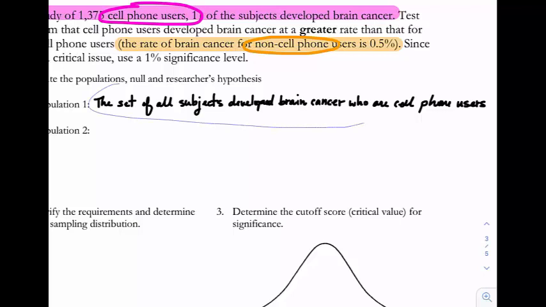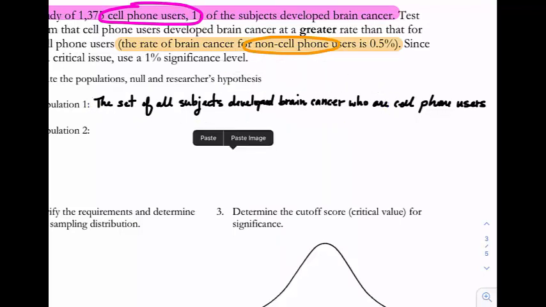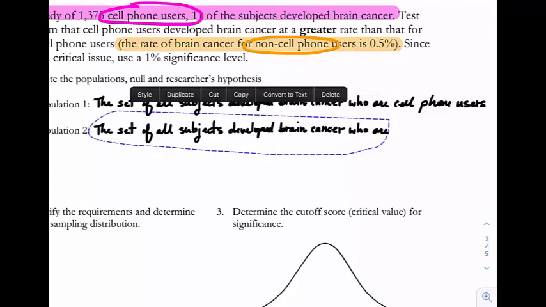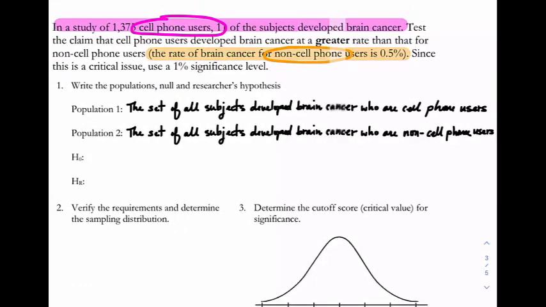Let's copy that for the next sentence, more specifically, who are non-cell phone users. There's the experiment group, then the control group.